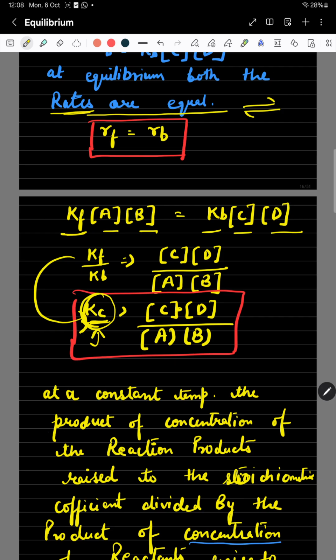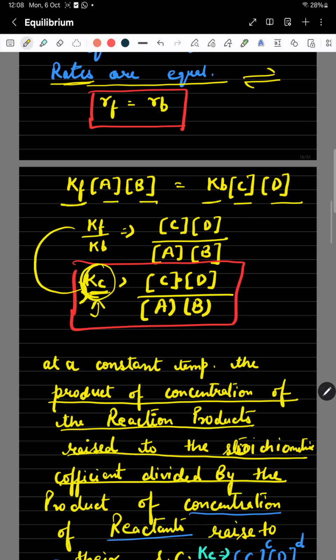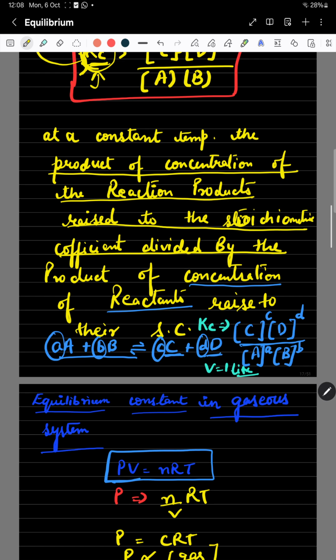At a constant temperature, the product of the concentrations of the reaction products raised to their stoichiometric coefficients, divided by the product of the concentrations of reactants raised to their stoichiometric coefficients. Suppose you have a chemical reaction aA plus bB producing cC plus dD. Here a, b, c, d are the stoichiometric coefficients involved in the chemical reaction, like you can say the amount.